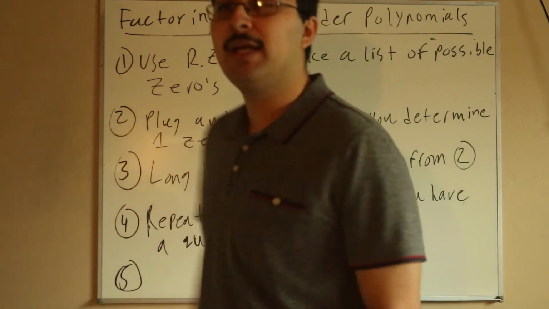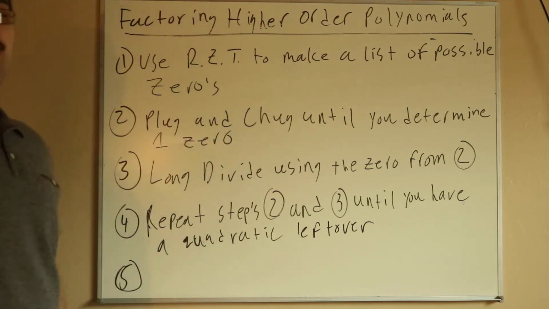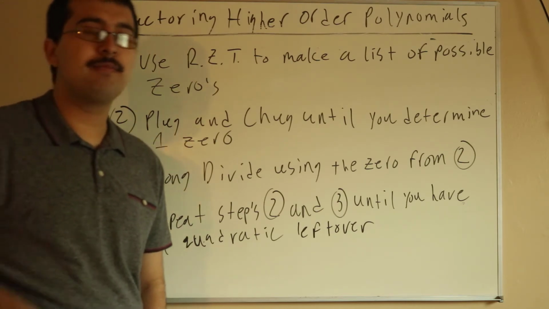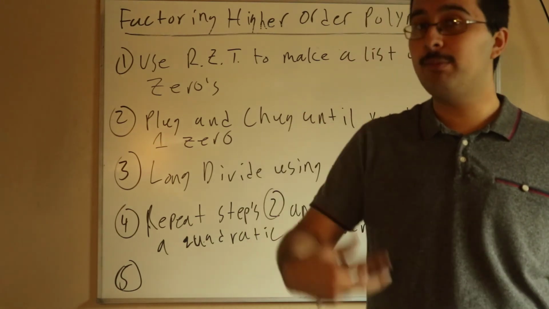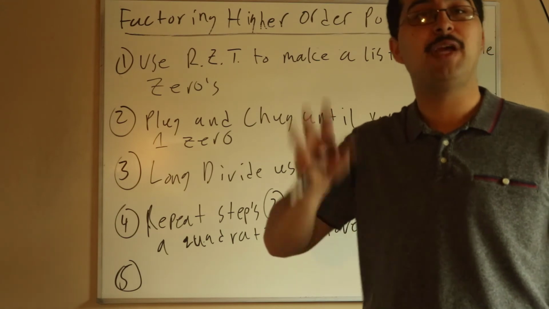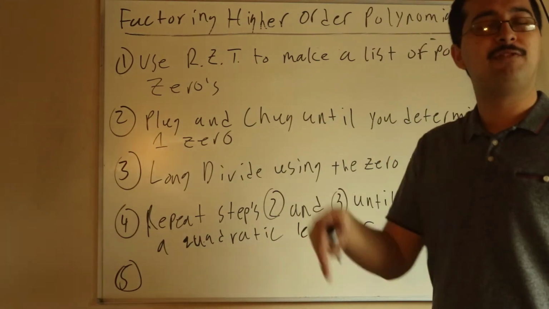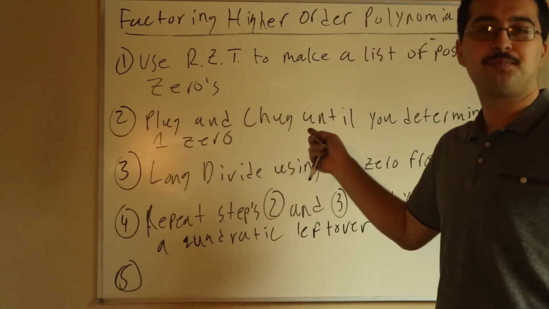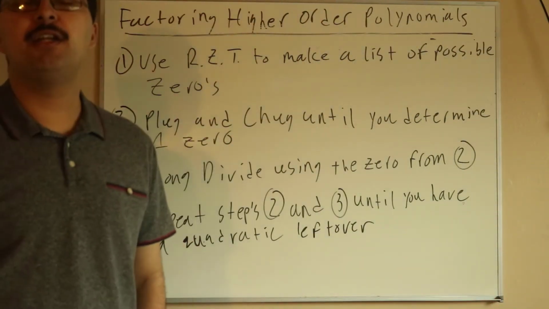In other words, say we started with a 4th order polynomial. We would use our rational zeros test. We would make our list. We could do step 2. I would find one single zero. I would divide. After I divide, I would be left with a cubic, right? We saw that in our previous example. We had a 4th order, we did one division, we had a cubic left over. So what that means in step 4 is, what I'm left with is a cubic, that's not a quadratic, so I go back to step 2. And step 2 says, go back to my list of zeros, find another zero.